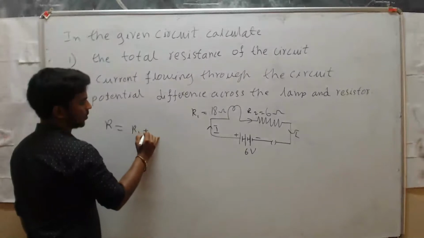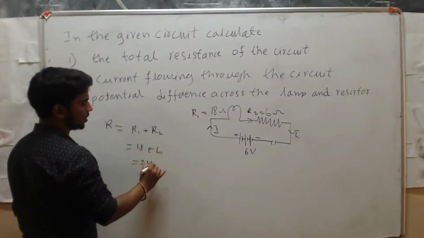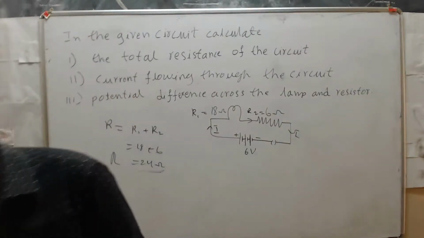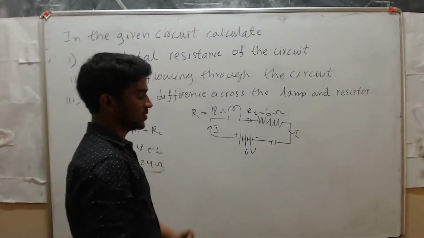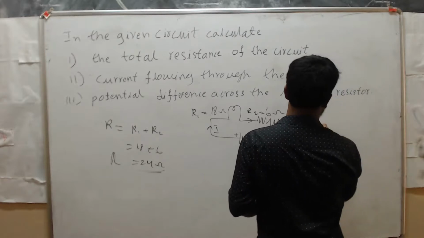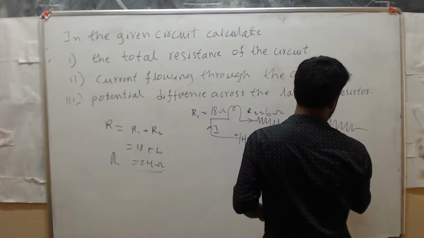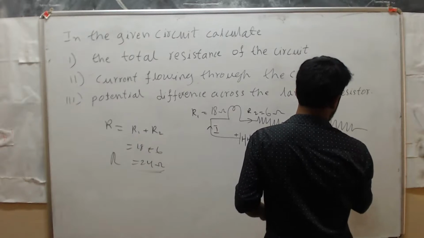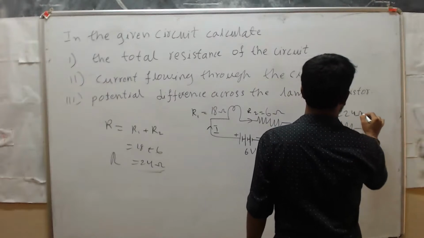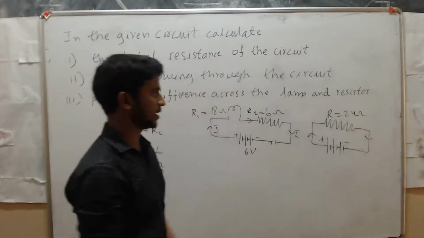So R1 plus R2, that is 18 plus 6 is equals to 24 ohm. So the total resistance in the circuit is 24 ohm. You can redraw this circuit like that, with R equals 24 ohm.